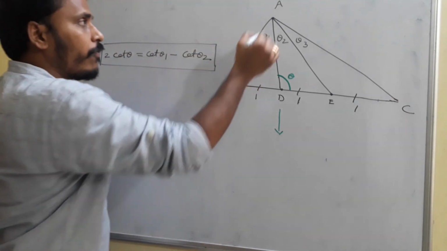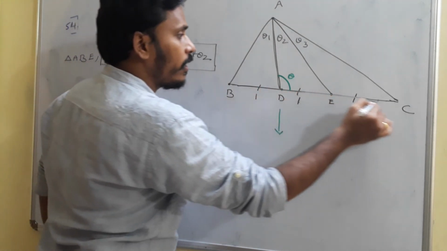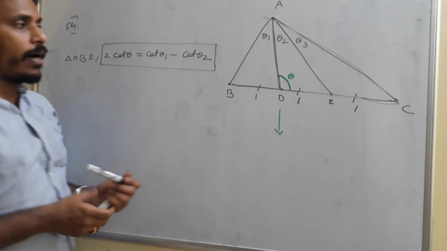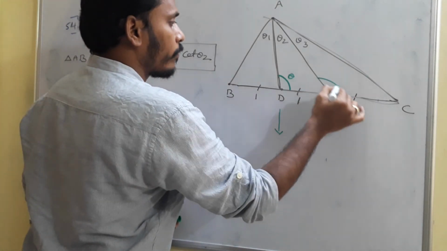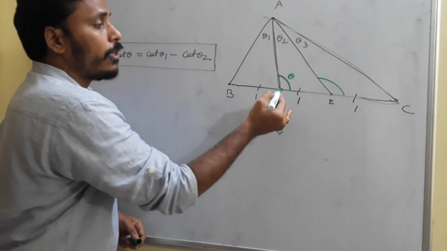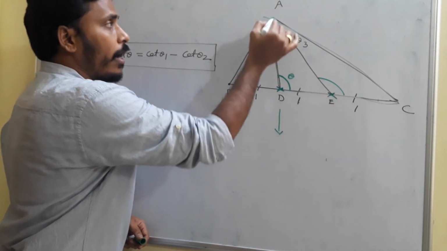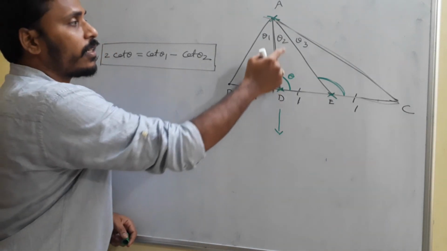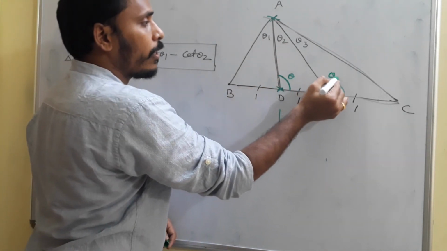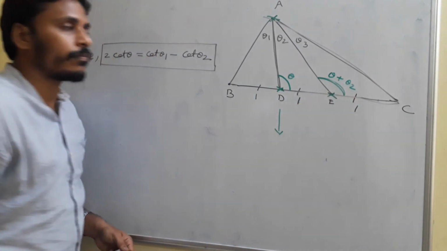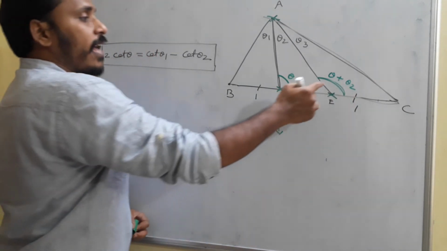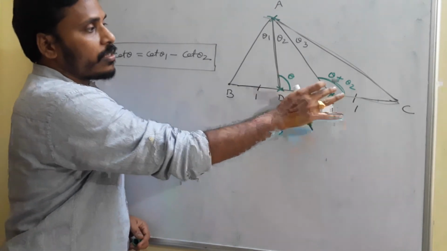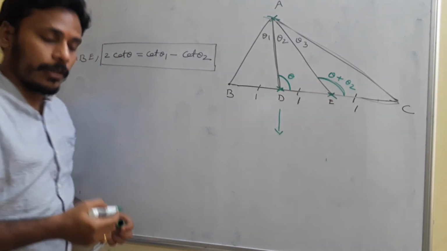Again apply the m-n theorem for this triangle ADC. And to apply the m-n theorem for this triangle, we need to mark this angle. And what is that angle? Just look at this triangle, and for this triangle, this is the exterior angle. Since these are theta and theta 2, this angle will become theta plus theta 2. So this is theta plus theta 2, and we are applying the m-n theorem for this.